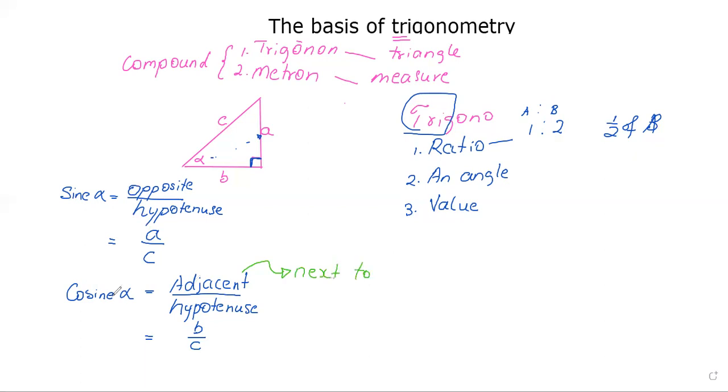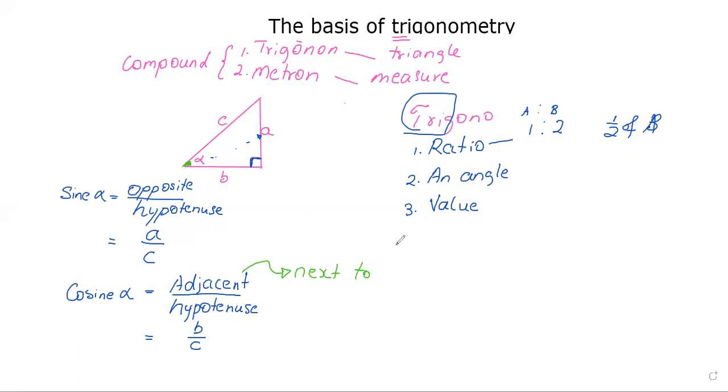So we're looking at the side of a triangle which is next to the angle alpha. There's your angle there. The side which is next to it is B.